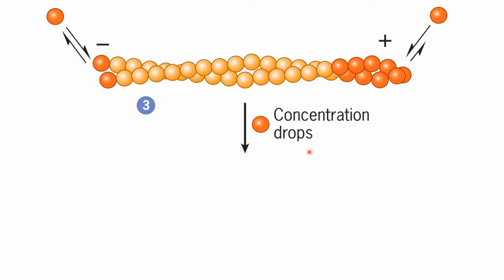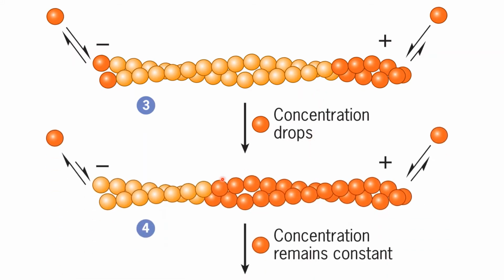As the concentration drops some more, notice what happens at the minus end: the depolymerization overtakes the polymerization, and this portion even shortens. At the positive end, polymerization is still faster than depolymerization, so it continues growing even if the concentration is now low.